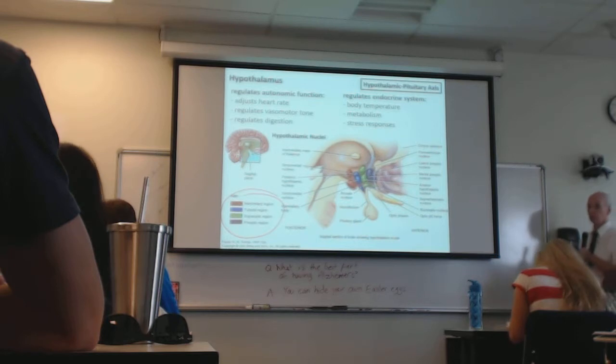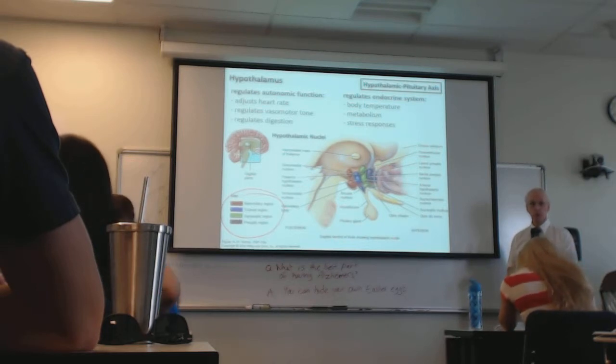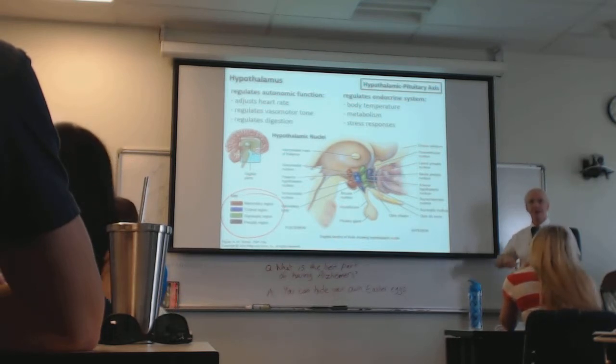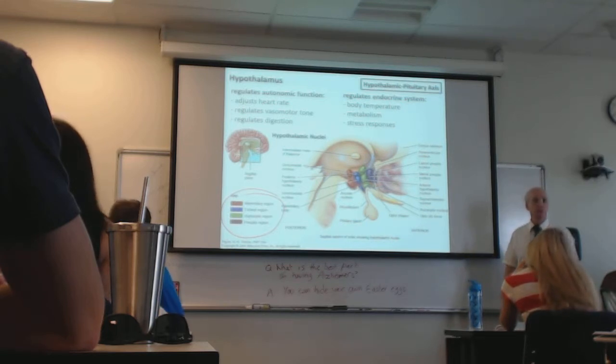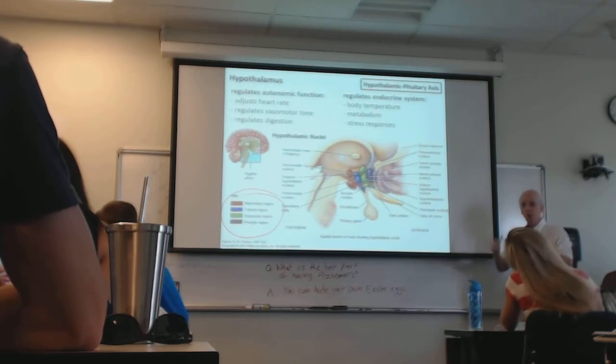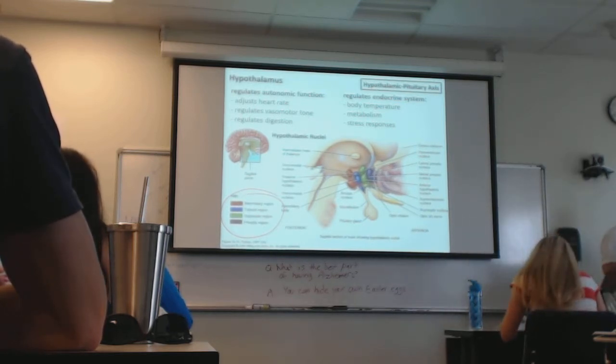By the way, we said there are critical centers in the brainstem that do these things. So how do you reconcile those two facts? The brainstem centers get a lot of their information to make the decisions they make from the hypothalamus, because the hypothalamus is monitoring a lot of information from the body: blood pressure, blood gas levels, hormone levels.